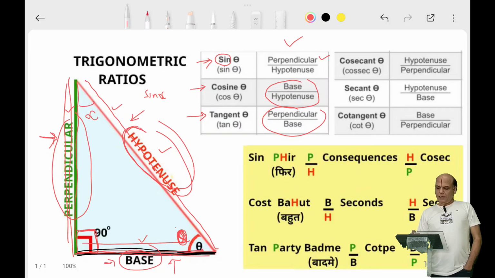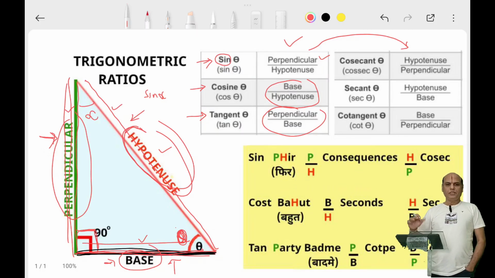And if you take inverse of these ratios, like you are interchanging denominator and numerator, then that ratio name is changed. So inverse of sine theta, that is hypotenuse by perpendicular, is called cosecant theta. Inverse of cosine, that is hypotenuse by base, is called secant theta.